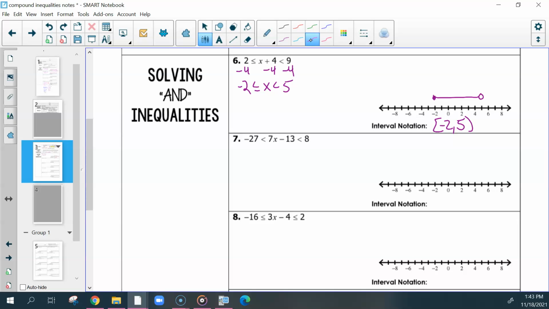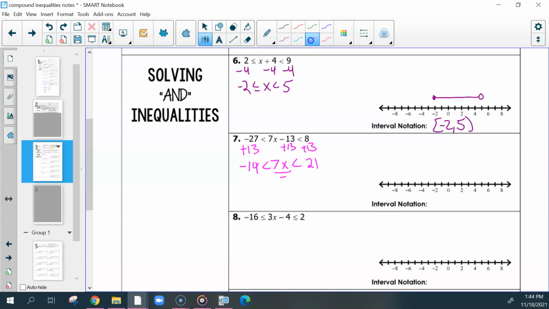For number 7, we would start solving this like a normal inequality, but I'm going to do it to both sides of the inequality. So this would give me -14 is less than 7x, which is less than 21.